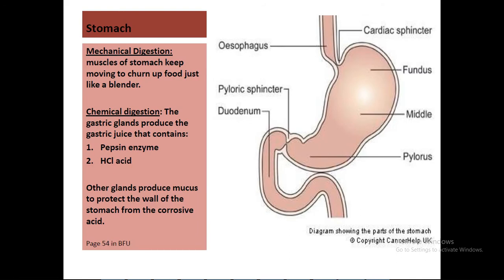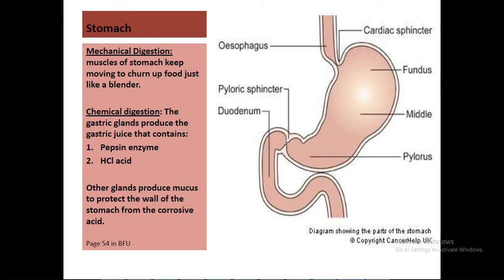Stomach. Mechanical digestion: muscles of the stomach keep moving to churn up food just like a blender. Cardiac sphincter or pyloric sphincter: when the food enters the stomach from the esophagus.